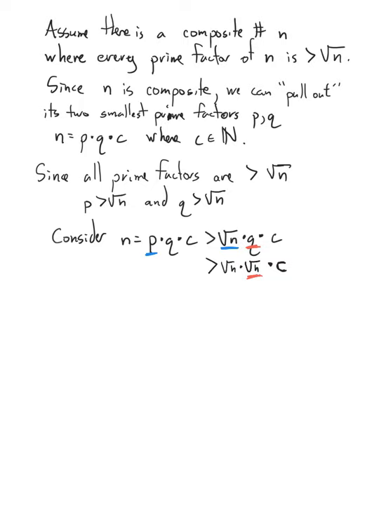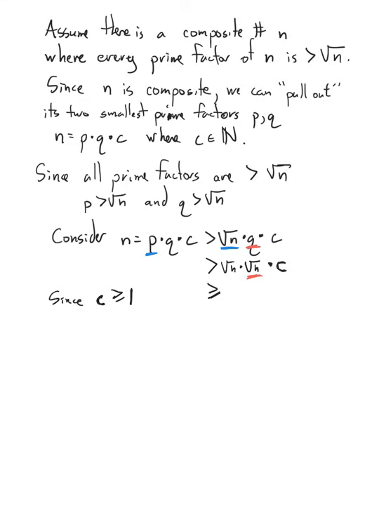And then, I also know, since c is definitely bigger or equal to 1, if I replace c with 1, then I get something definitely not bigger. It could be equal if c was already 1.